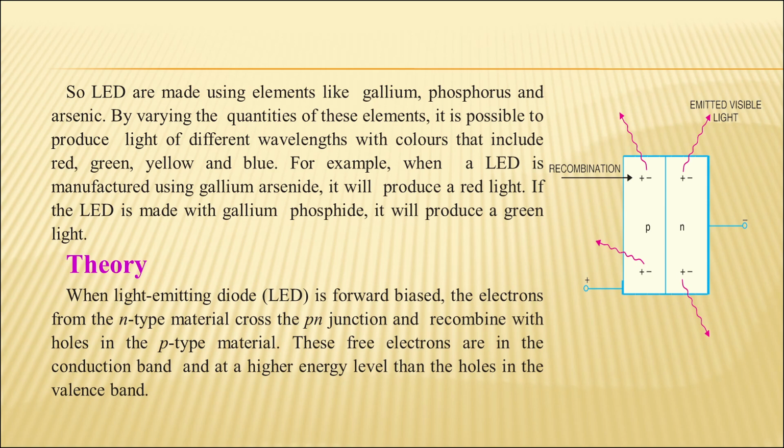The theory of the light emitting diode is that when it is forward biased, the electrons from the N-type material cross the PN junction and recombine with the holes in the P-type material. These free electrons are in the conduction band at a higher energy level than the holes in the valence band.